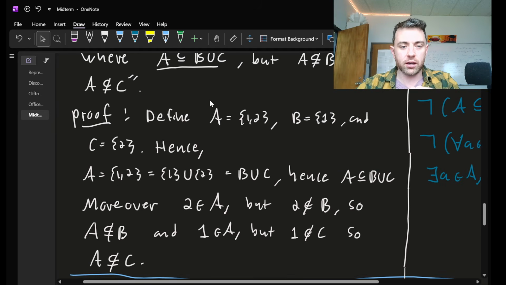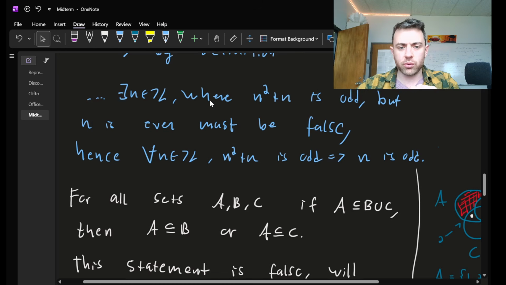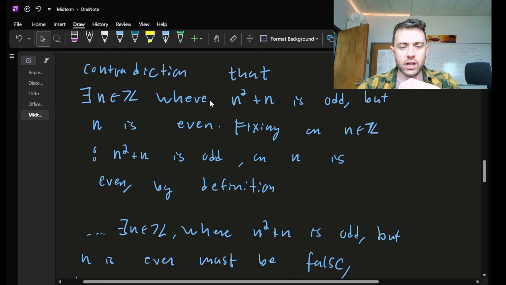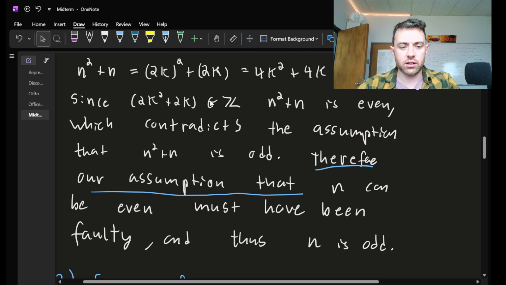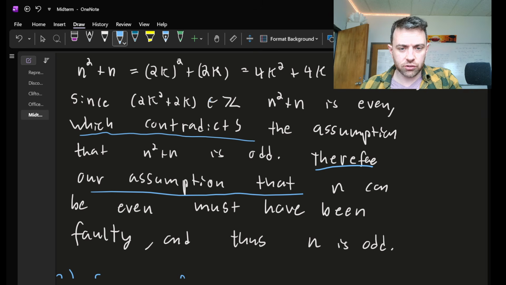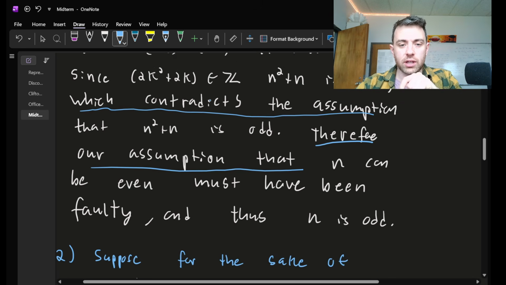If I go back up in the actual proof, it was in the even and odd stuff. Here it is, which contradicts the assumption that n is odd.